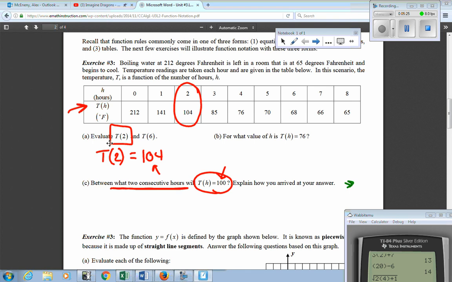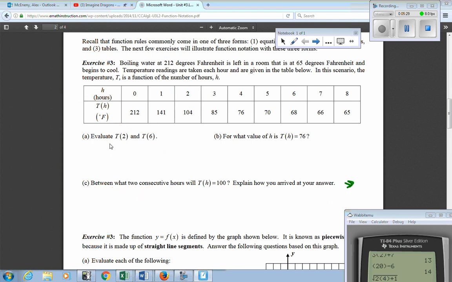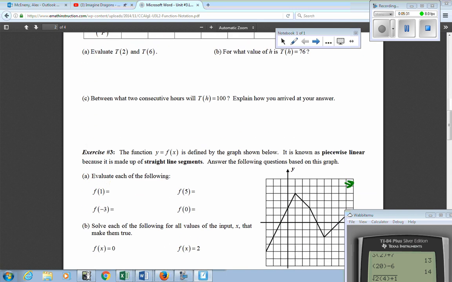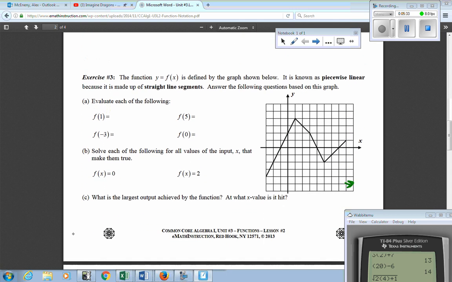Now exercise 4, which is below, deals with a graph. And again, like I talked about earlier, the number you put in is x, and the number you get out is y. So if you're trying to evaluate f of 1, what you would want to do is go along the x-axis to where 1 is, which would be right here.